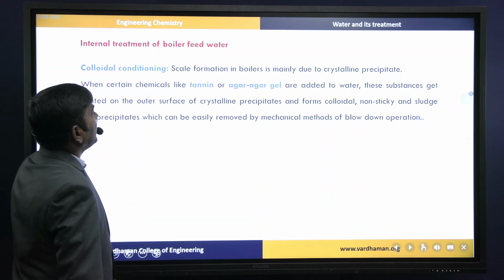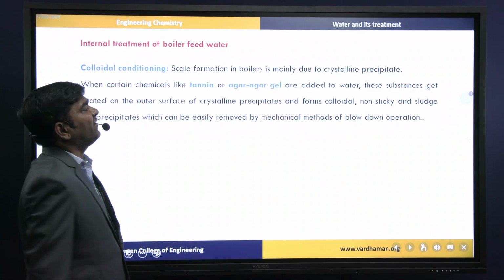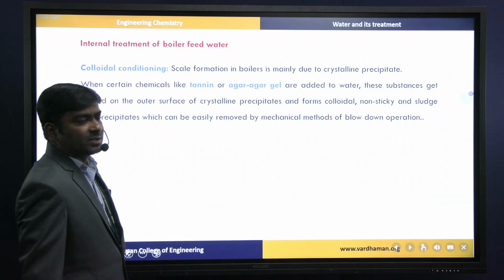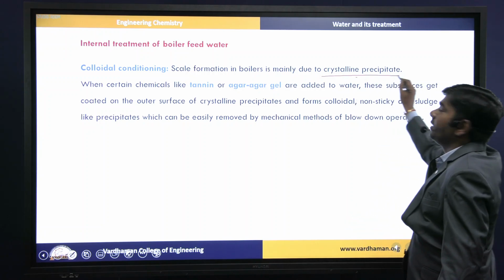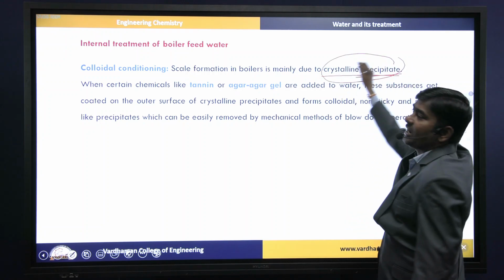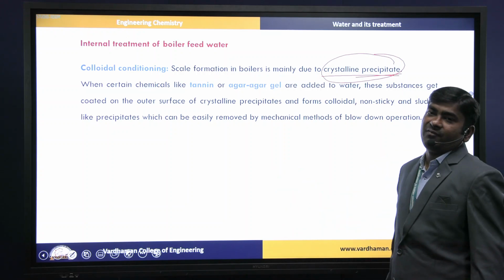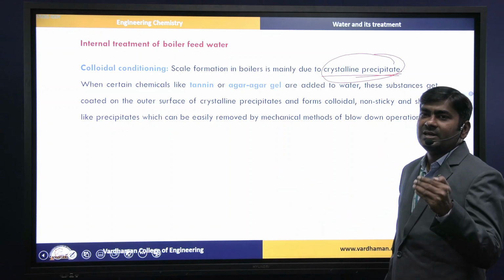In the colloidal conditioning method, the reason for scale formation is mainly the crystalline precipitates which are available in the hard water. That means if we avoid this crystalline precipitate in the boiler feed water, ultimately we are going to stop the formation of scale.